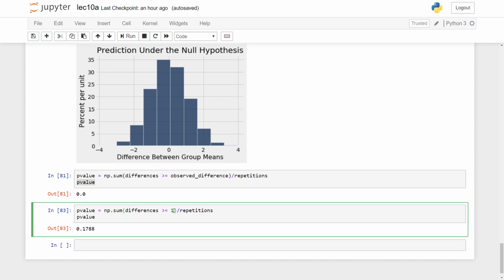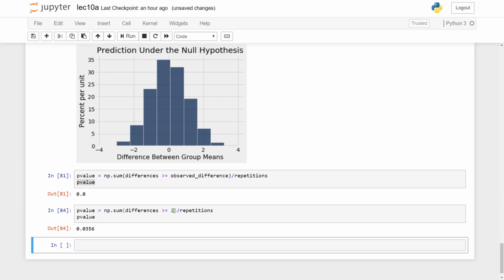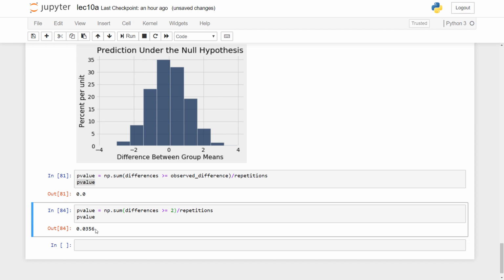Let's say that it is 2. With 2 we got 0.0356. So if the observed statistic is 2, the p-value is 0.03. If we use the 5% cutoff, then the result is statistically significant, and we will reject the null hypothesis.